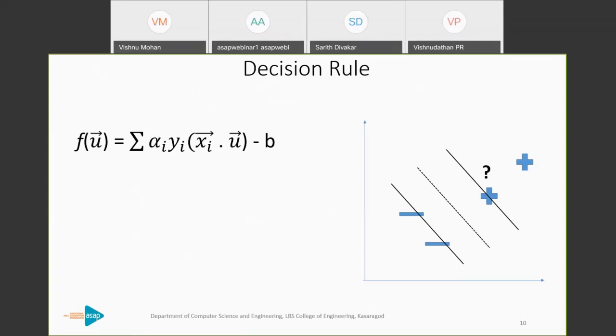See, unlike in many other algorithms, you don't require the entire training sample to make the prediction. So that will make the predictions of support vector machine much faster than other algorithms, and the computation is very less, because we don't need any complex operations. We just need to take the dot product only. Okay, so that's the decision rule we have.